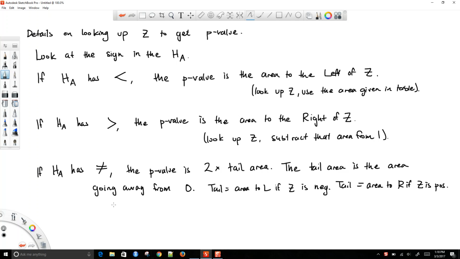A shortcut, just a practical tip: whatever your z is, look up the negative version of that value.